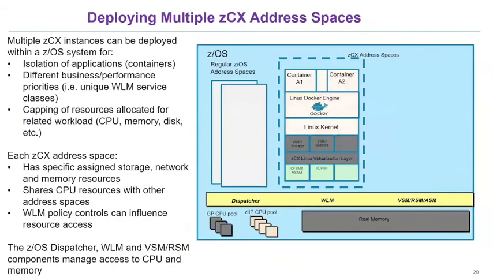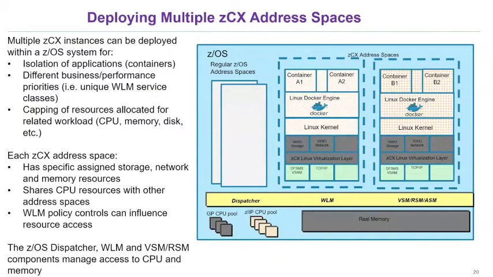When you look at the capabilities, you can have multiple zCX address spaces for isolation of containers, for high availability, for capping of resources on a per address space level, for storage assignment, and for sharing resources. So the capabilities are there to have multiples of those. These zCX address spaces run on zIIPs. Why?